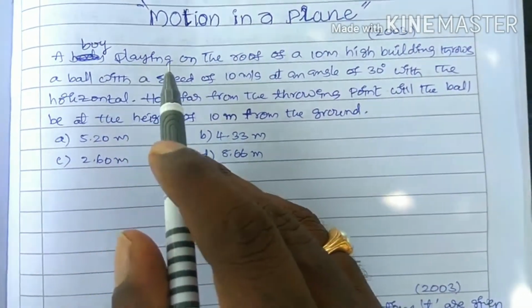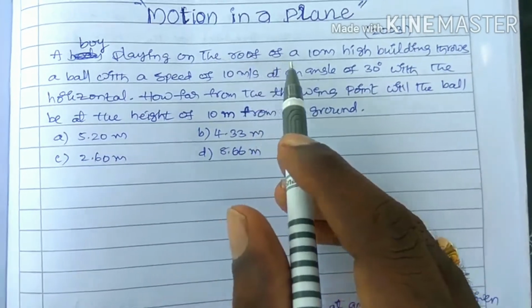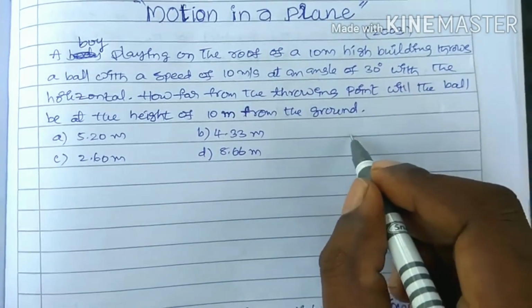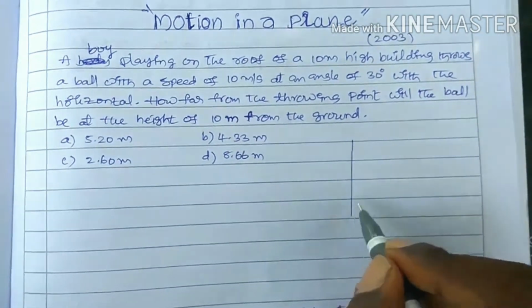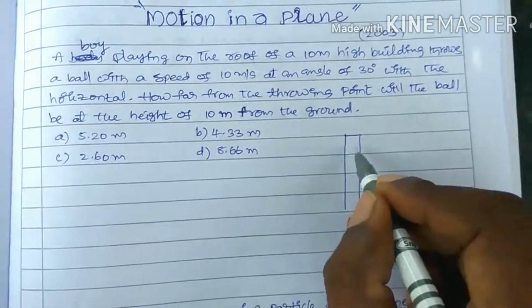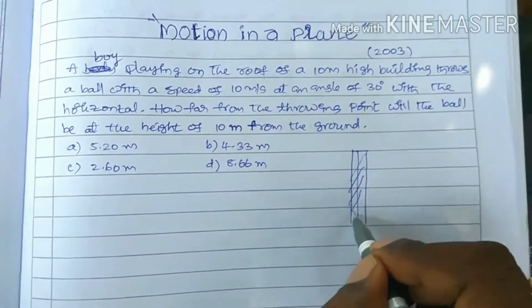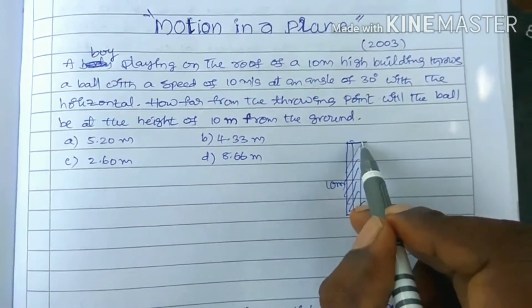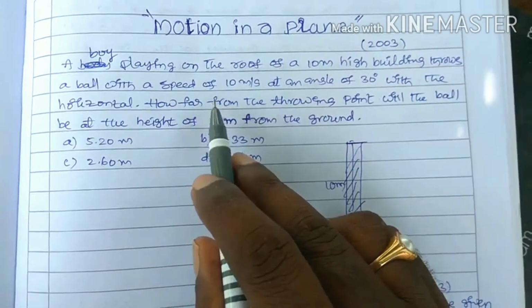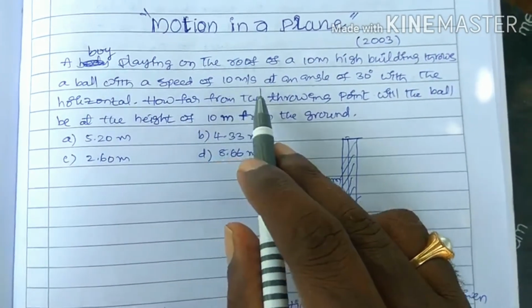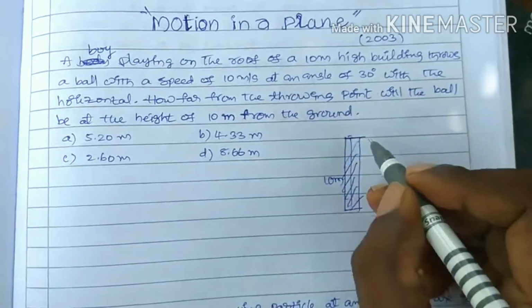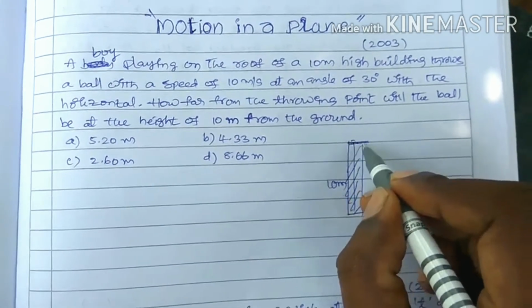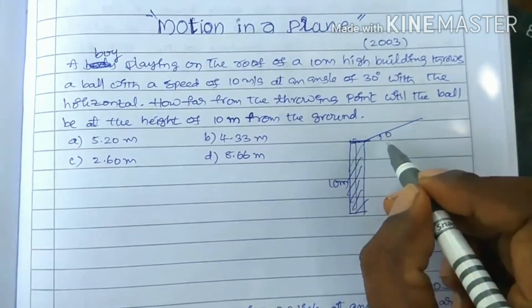Here there is a boy playing on the roof of a 10-meter high building. So this is the building or tower having a height of 10 meters. From here the boy throws a ball with a speed of 10 meters per second at an angle of 30 degrees with the horizontal.